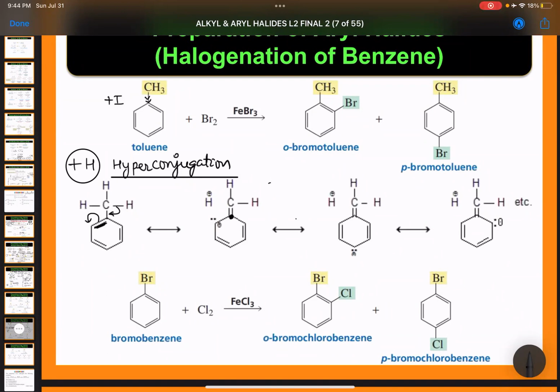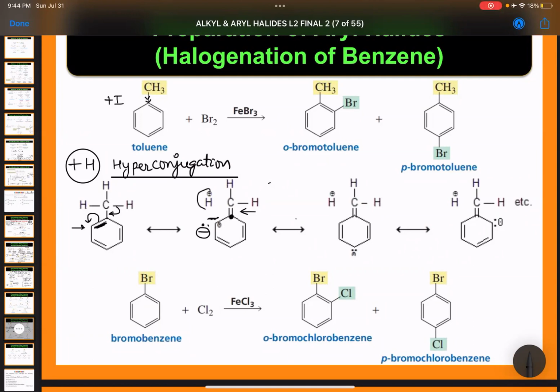If the electrons are coming from the top and the double bond is forming, this pi bond will shift sideways and the minus will come here. That's the way to show that the electron density of the CH bond is getting in.